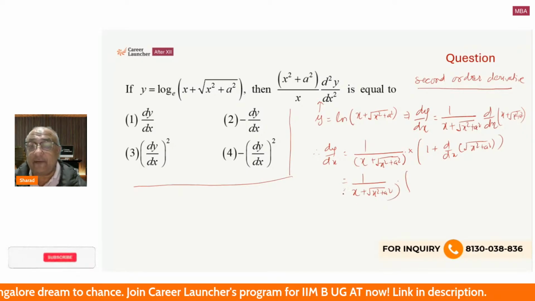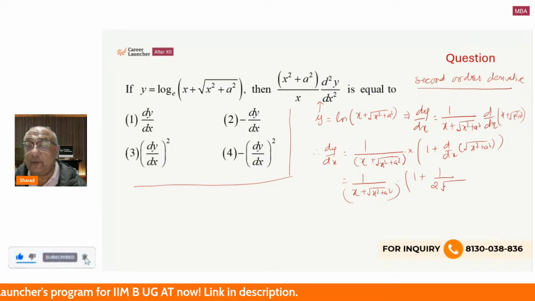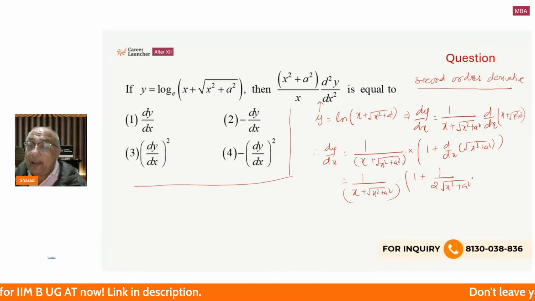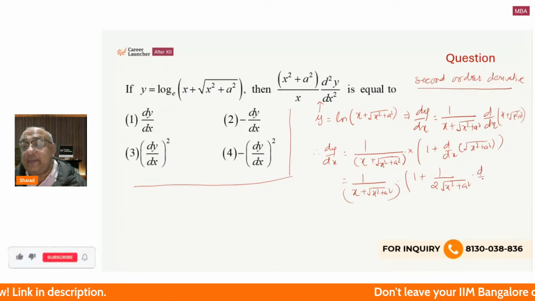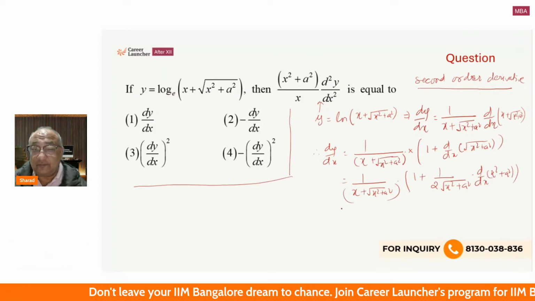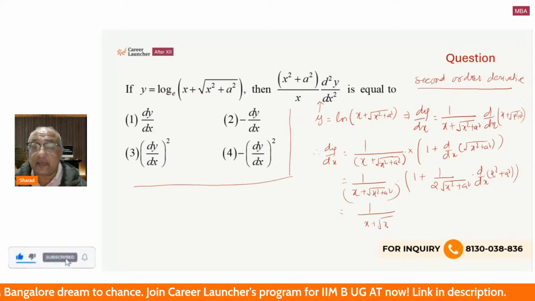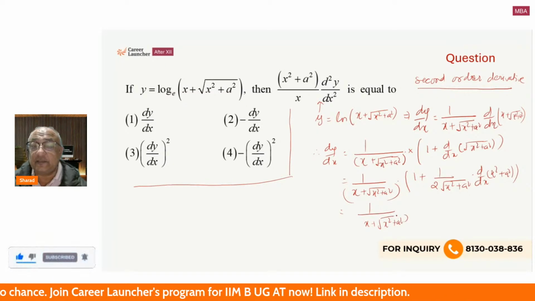So what do we have over here? 1 plus 1 upon 2 under root the entire term. But again, this d by dx of x square plus y square is pending. Chain rule. So this will become 1 upon x plus under root x square plus y square. This is cool.